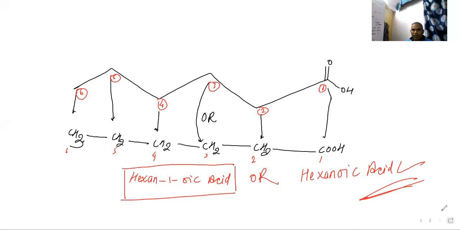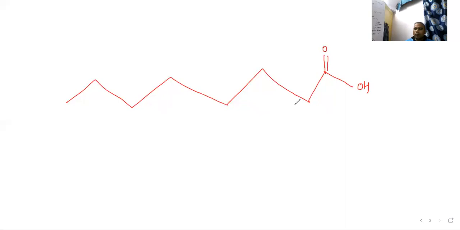Yes, sir. Now let us try to understand some more compounds. This is the bond line formula only, I am writing a little bit. I am teaching you. So here is O and H, here is C double bond O, right?